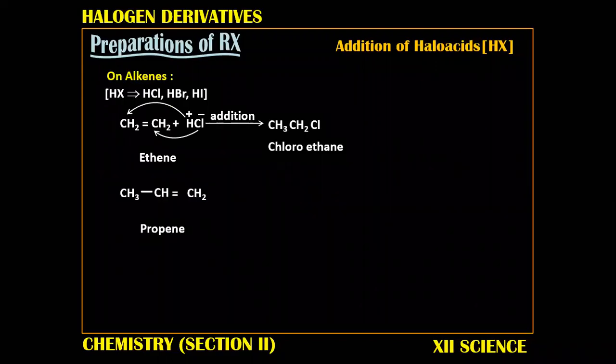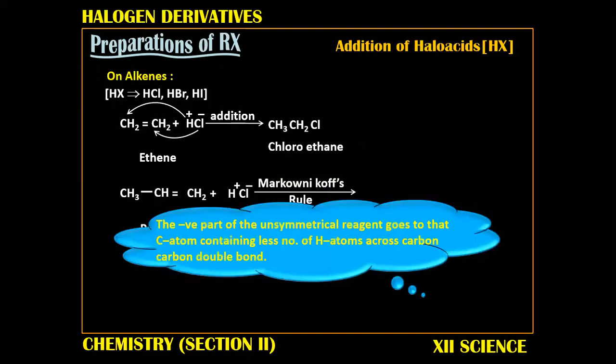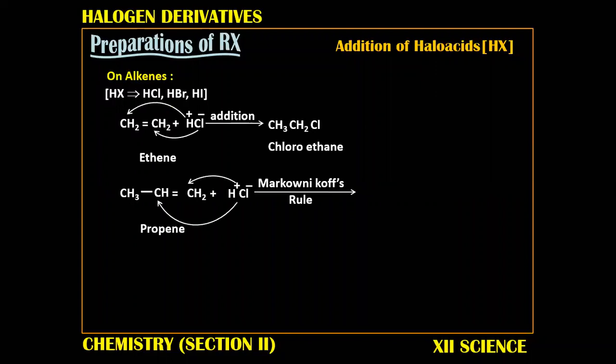But if there is an unsymmetrical alkene, the chlorine will go to the carbon having less number of hydrogens. This is called Markovnikov's rule. Chlorine will go to the middle carbon, hydrogen will go to the first carbon. So we get 2-chloropropane as a major product and 1-chloropropane as a minor product.